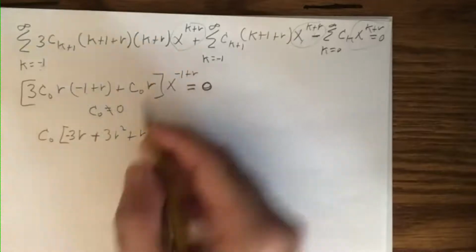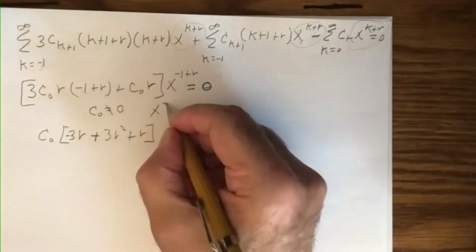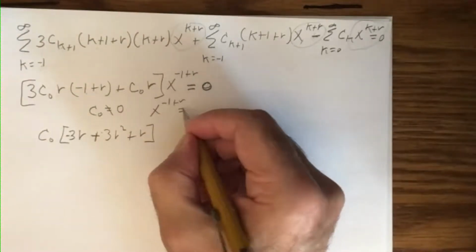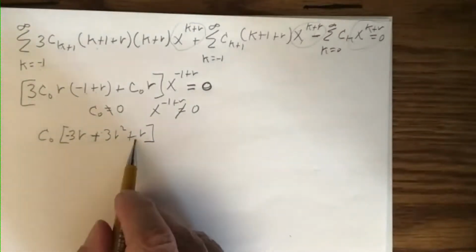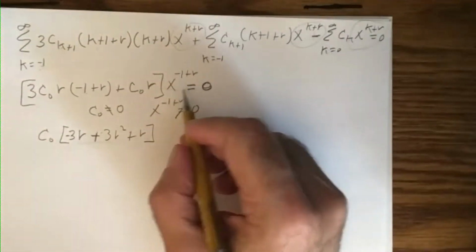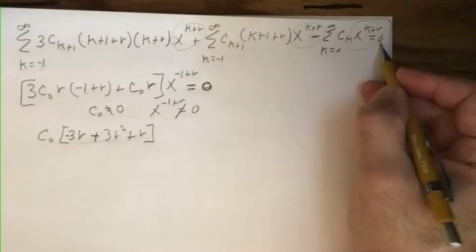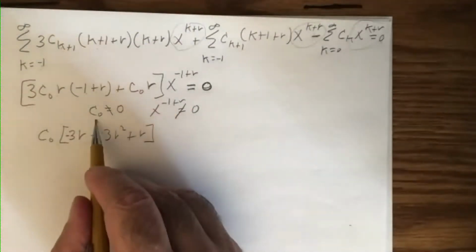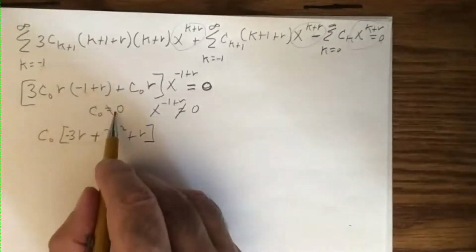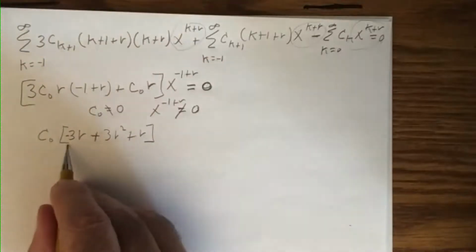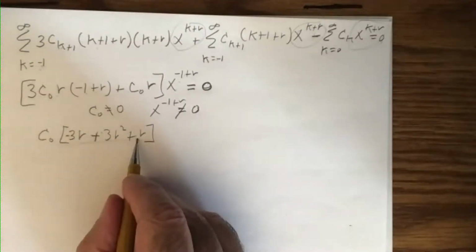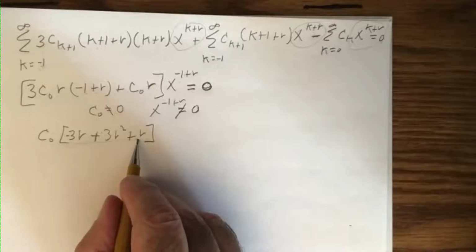Both of these can't be equal to 0. Remember, everything here is equal to 0. Term by term on this side of the equation we have 0, there are no powers of x. I factored out the c sub 0, that's not equal to 0, and this is not equal to 0. So that means that this has to be equal to 0.